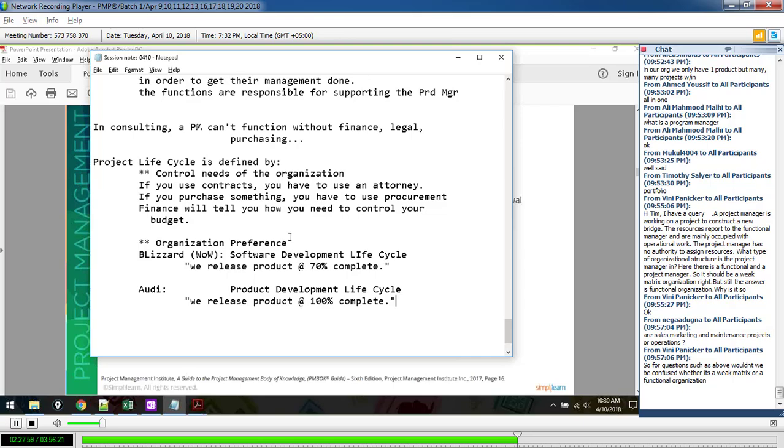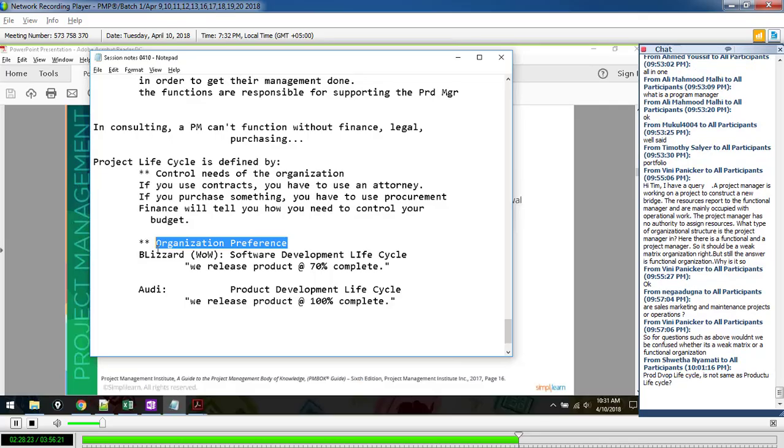Organizational preference is selected by the primary product the company makes. How does that company make their money? That's the organization preference. And you can actually go into any corporation and look at their product life cycle and their project life cycle and say, oh, you're a manufacturing company. Oh, you're a sales company.